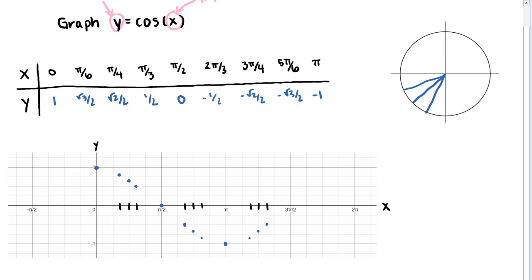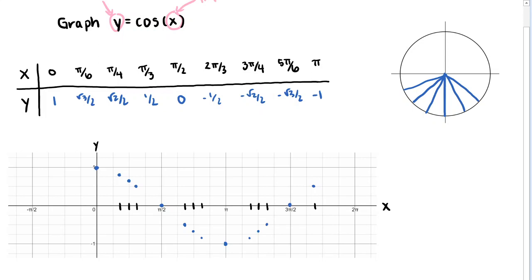And then at 3 pi over 2, the x-coordinate on the unit circle is 0. So we're going to have the point 3 pi over 2, 0 on the graph of our cosine function. At 5 pi over 3, we're going to be back at positive x values on the unit circle, and so the output of this cosine function at 5 pi over 3 is going to be +1/2.